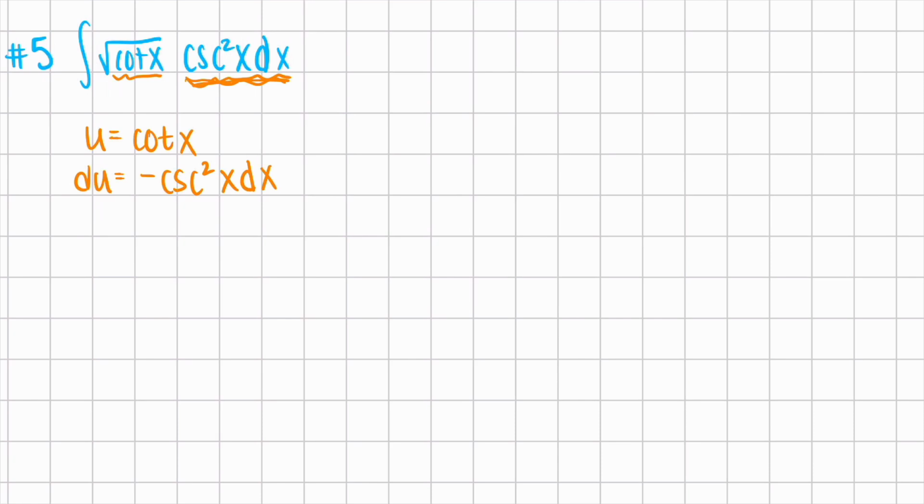I just need to multiply by a -1, which means I also want to put a negative out front because I need to multiply by 1. So I can rewrite to be in terms of u. And I'm going to rewrite it one more time. Square root of u is the same thing as u to the 1/2.